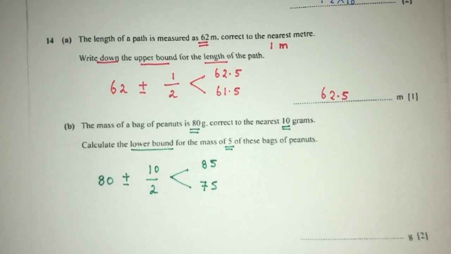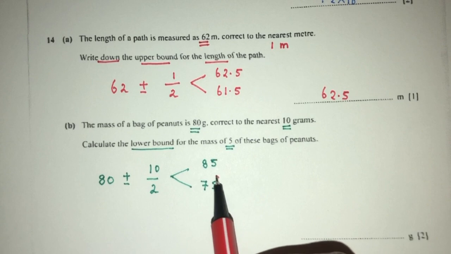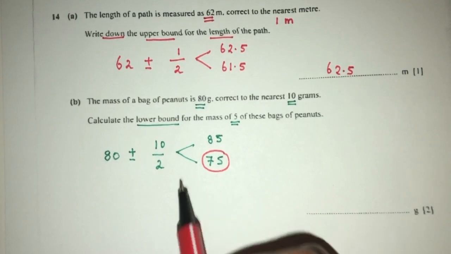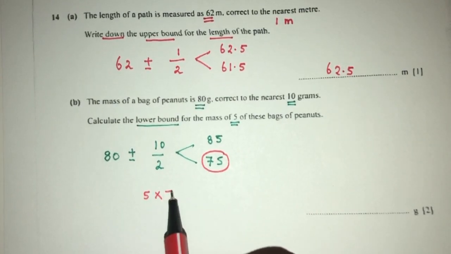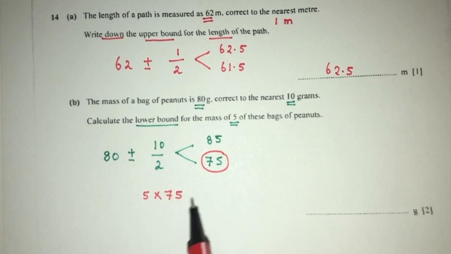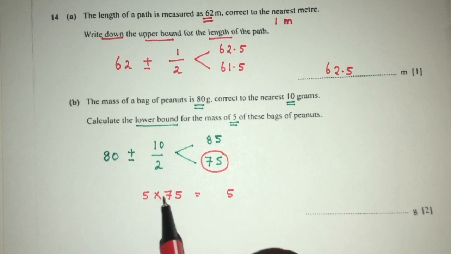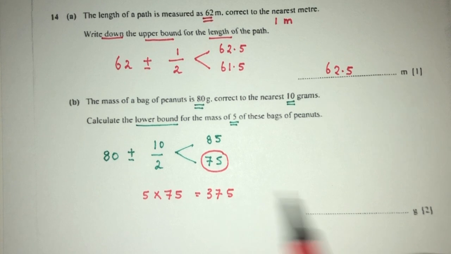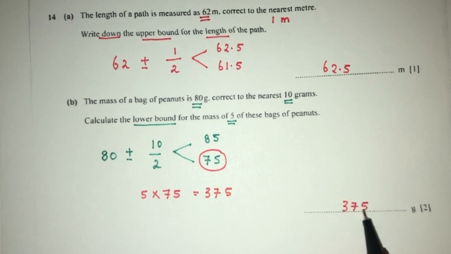Now to find the lower bound of the mass, we have to take the lower bound value. So this is one bag, so 5 bags, 5 times 75 will be what? So let's do this. 5 times 5 is 25, so we have 5 here at the bottom. And this times 5 will be 35 plus 2, that will be 375 for the mass of 5 bags of the lower bound.